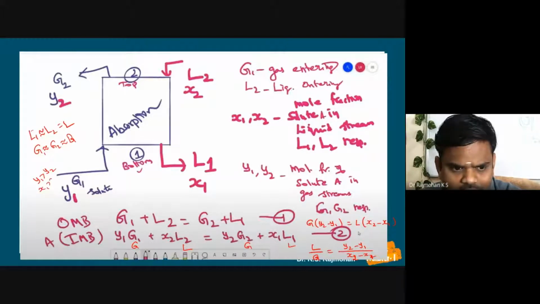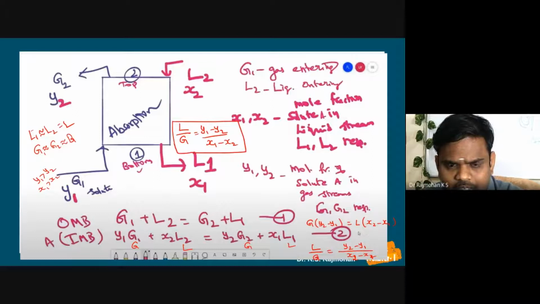Similarly, x1 is greater than x2, so we can rewrite this expression as L by G is equal to y1 minus y2 by x1 minus x2. So this is our material balance equation for countercurrent absorption with the assumption of constant molar overflow.